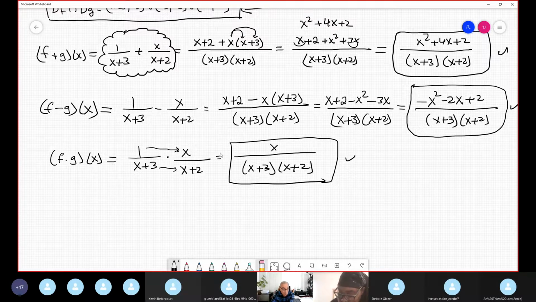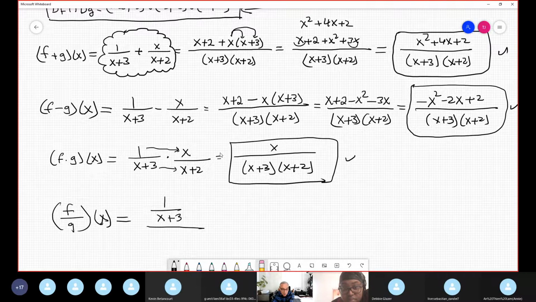Division. Well, division is f divided by g. In this case, you divide 1 over x plus 3 by x over x plus 2. And remember how you divide two fractions. It's a complex fraction.